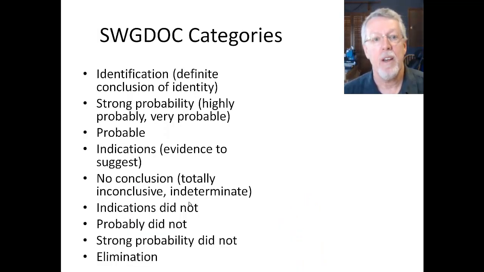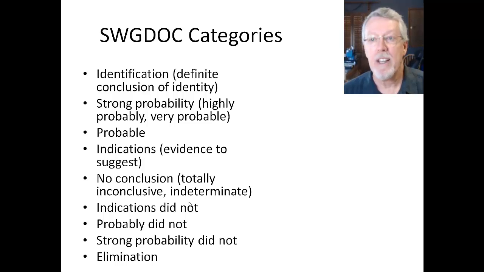This is a set of reporting categories recommended by SWGDoc, which is an advisory body for document examiners, for how document examiners should report their conclusions on comparing handwriting samples to determine if they were written by the same person. And what SWGDoc recommends, and this is typical of many forensic science fields, is a range of options.